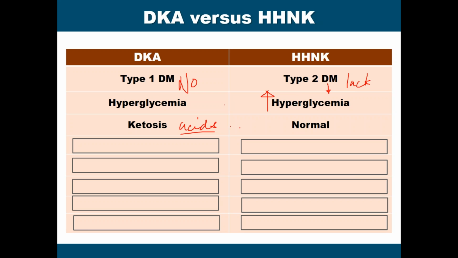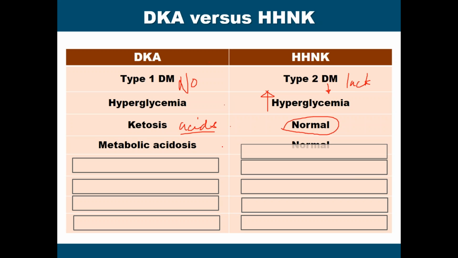That's why in HHNK there is no ketosis. Now, in DKA you could find metabolic acidosis because, as we have said, ketones are acidic in nature, and this leads to a change in the pH, which leads to metabolic acidosis. In HHNK, due to the fact that there is no ketosis, the pH will not change, so usually that is normal.